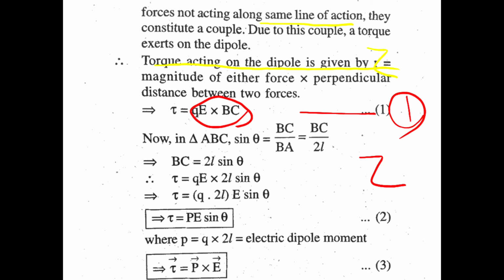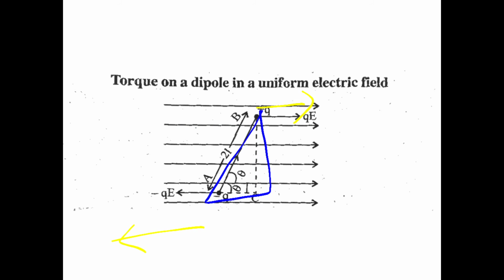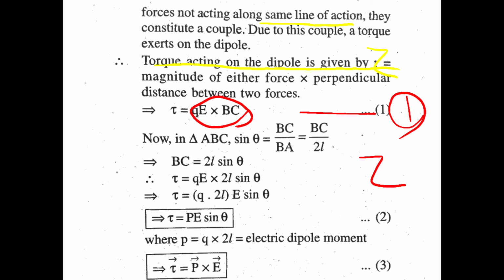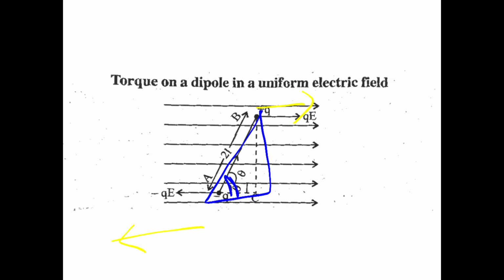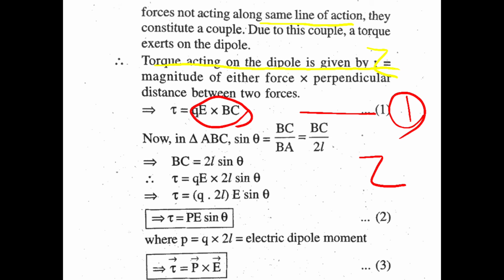This is equation 1. Now in triangle ABC, sin theta is equal to BC by AB, that is equal to BC by 2L.